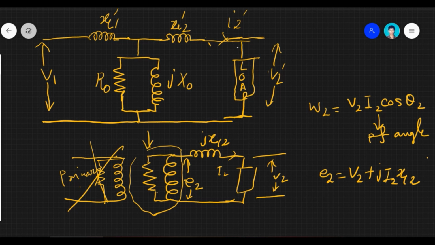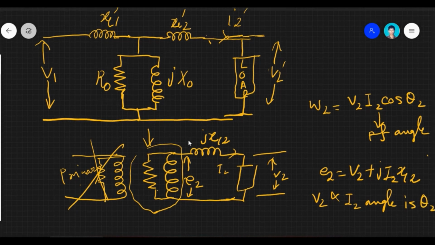Now what is the angle between V2 and I2? Between V2 and I2 the angle is theta 2, and it is governed by the load.